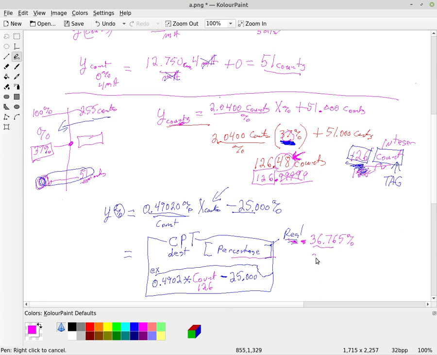And so if I was going to put this into Blackboard, I would put in 36.8 percent, because this 6 would round up that 7 to an 8. And this would be my final value that I would put into Blackboard.